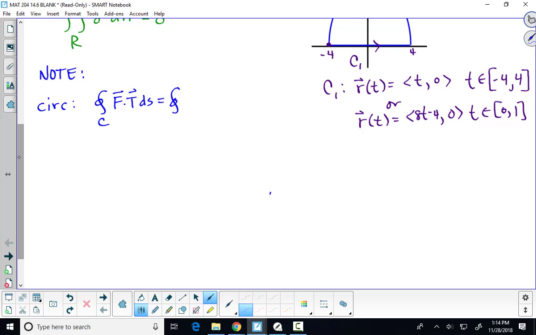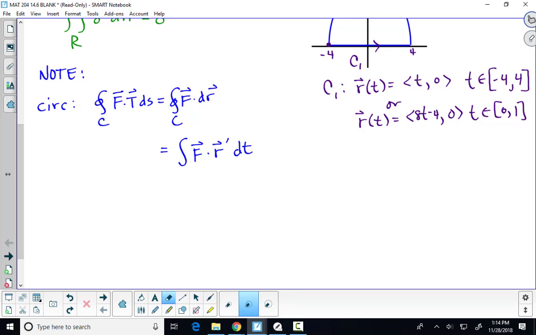So the way that we generally deal with the circulation form is to rewrite it as F dot dr. That still is not really in a form that we can evaluate nicely, so the evaluation form of this integral is F dot r prime times dt. That's what we typically use to do our calculation. So that's for the circulation.